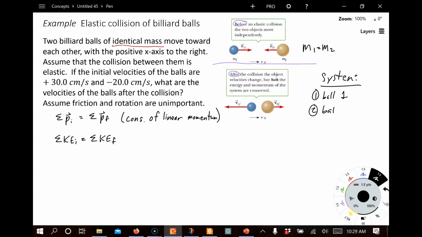ball 2, right? Now these two conditions together, if we plug them in, we can set up a couple equations for all four of the velocities here. So this one, this one, this one, this one, and the two masses. And if we do that, don't worry about trying to do it yourself unless you want to have some mathematical fun.